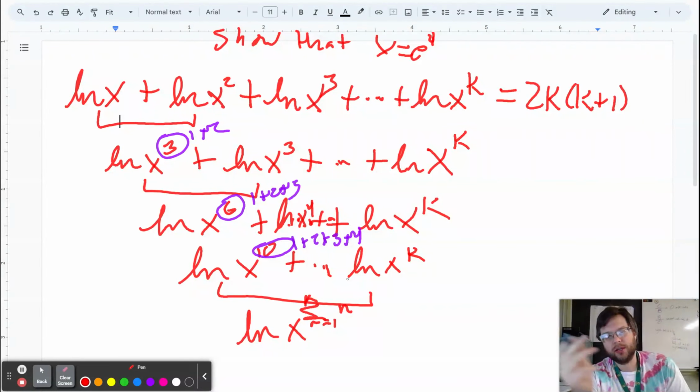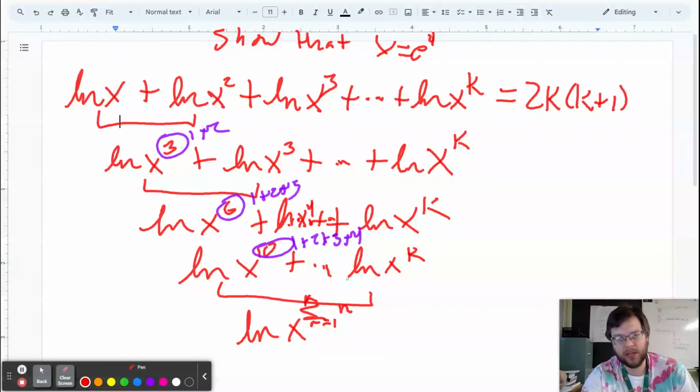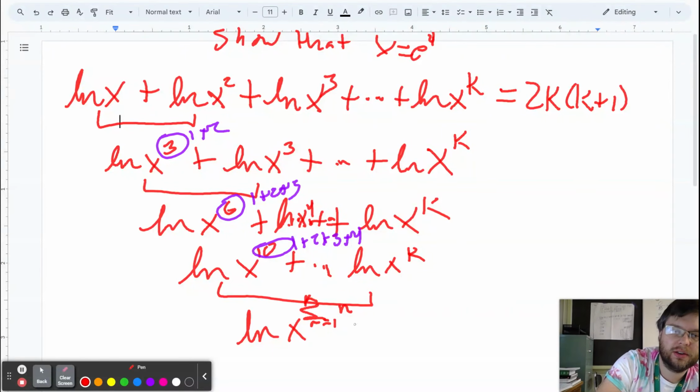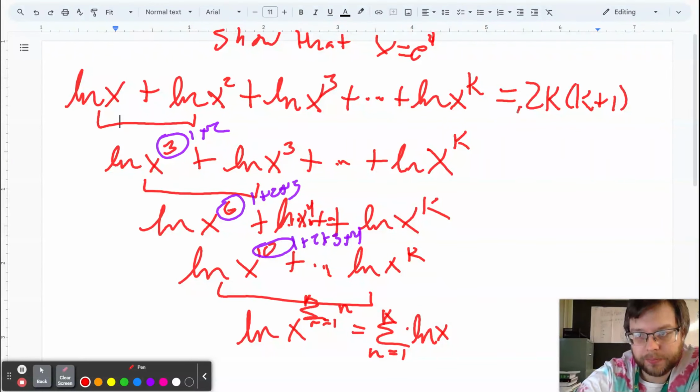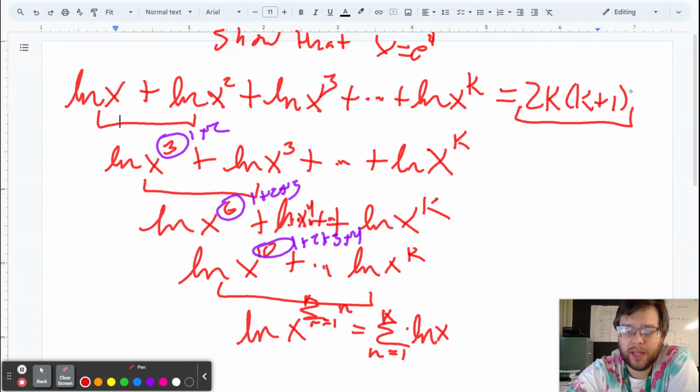And then what I know is that we can move that, because the log property says that you can move the power in front of the logarithm. So I know that what we have is the sum of the first k numbers times the natural log of x. And I know that that has to equal this 2k times k plus 1.